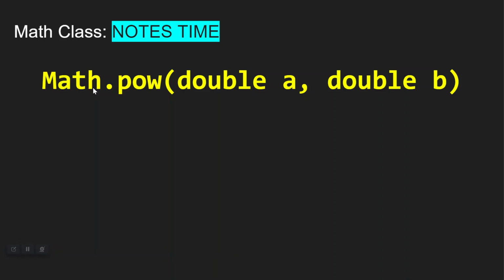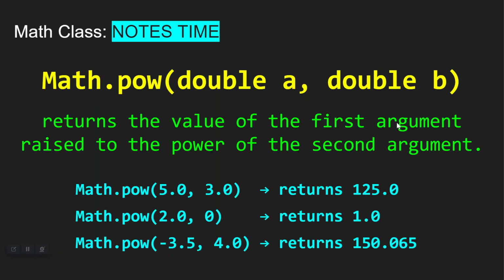Now we have Math.pow, which needs two doubles to be passed in as the arguments. This will return the value of the first argument raised to the power of the second argument. So 5.0 comma 3.0 being passed in with Math.pow is going to take 5 and multiply it by 5 and then multiply it by 5 again, so that's going to return 125.0.